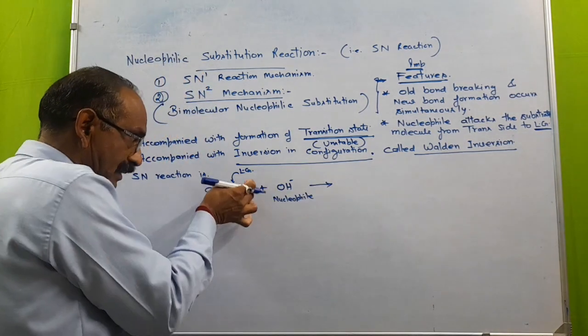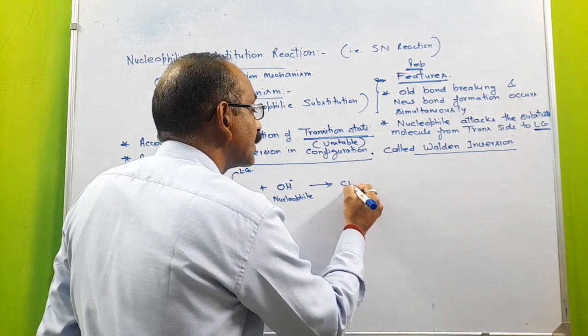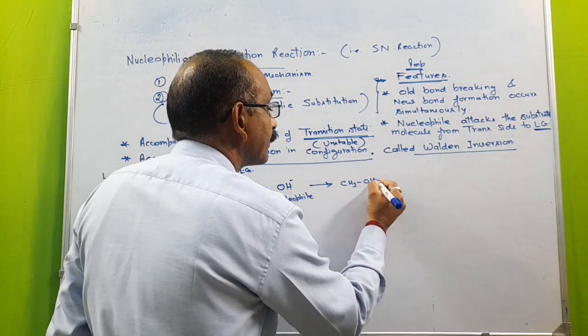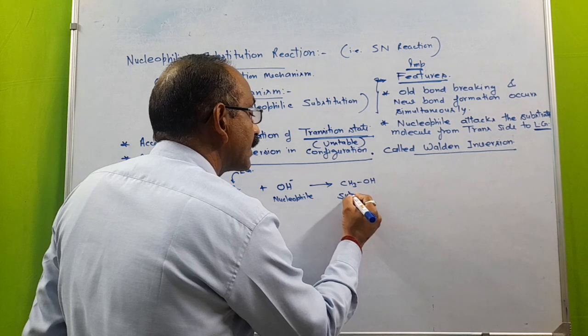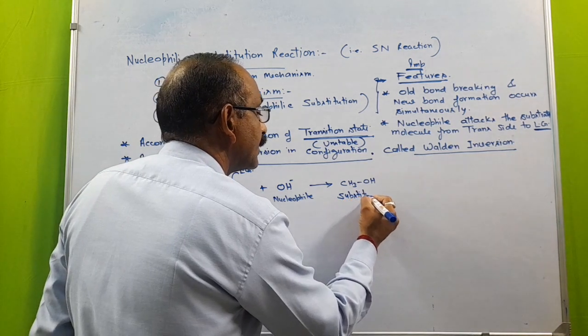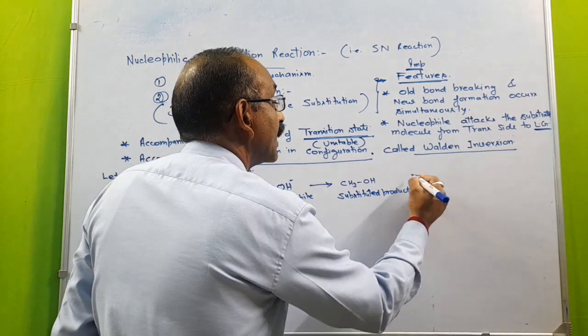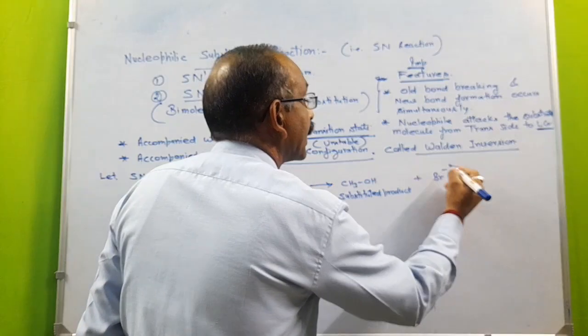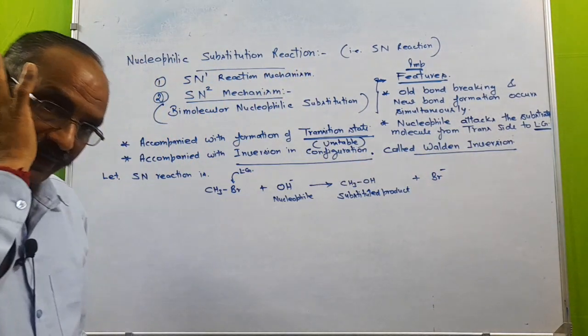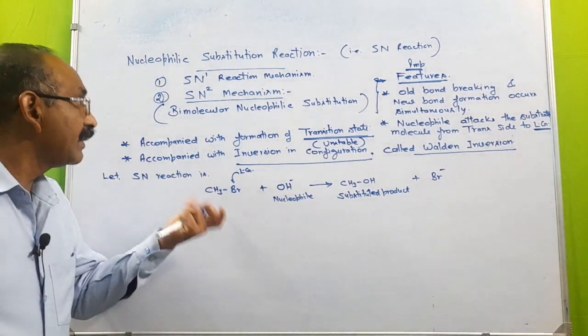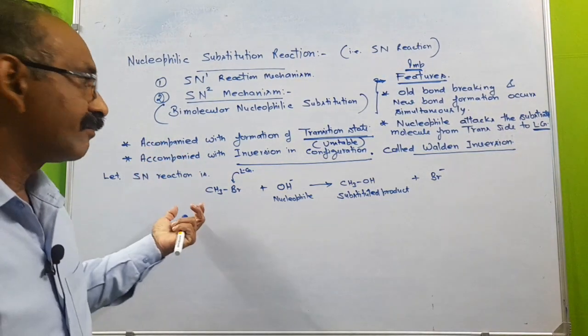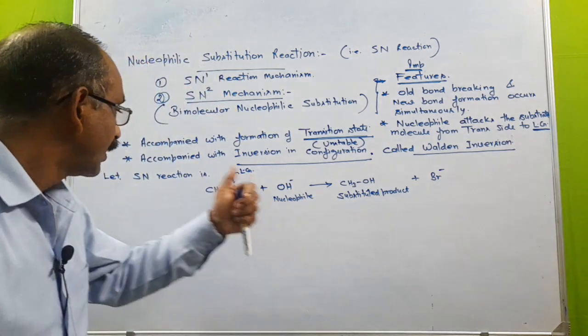So this Br will be replaced by the OH, and we will get the substituted product, and the leaving group Br minus will be set free. Okay, so we'll discuss the mechanism by taking this example.